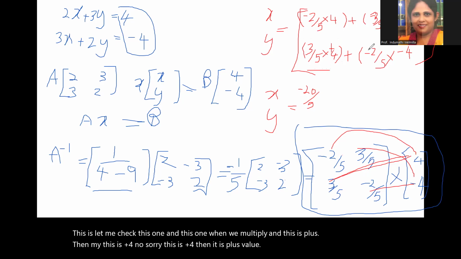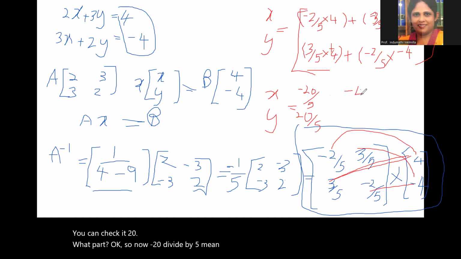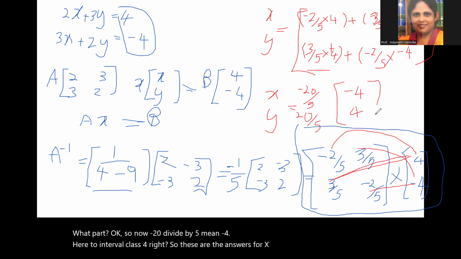Again here minus minus, again plus. Then plus plus means again 20, you can check it, 20 over 5. So now minus 20 divided by 5 means minus 4. Here 12 plus... 4, right? So these are the answers for x and y. That means x equals minus 4, y equals plus 4, right?